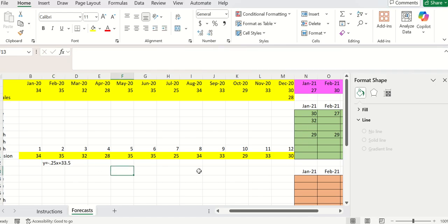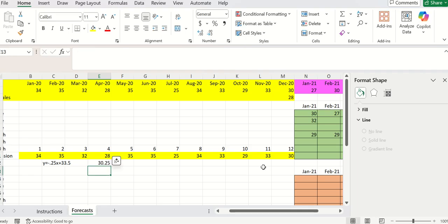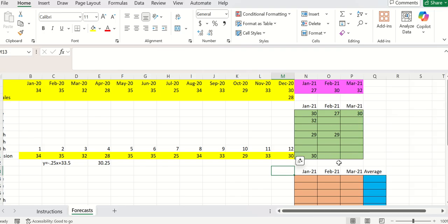As a matter of fact, if I want to forecast January, January is going to be equals minus 0.25 times 13, because January is the 13th month in the time series, plus 33.5. So my forecast for January would be 30. All right? Once you have done that, hopefully you'll be able to see now that you can do your linear regression forecast for February and for March.